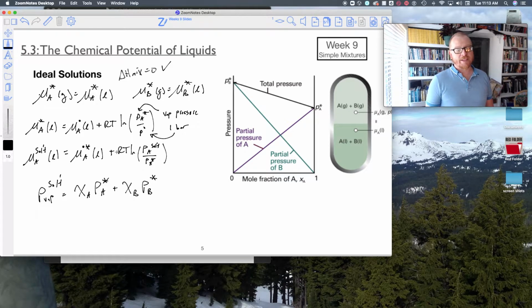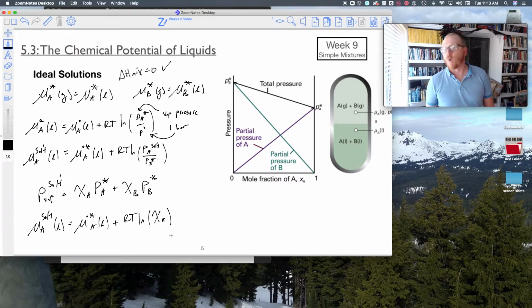Which means I could write this slightly differently for the chemical potential of A in the solution. It's going to equal the standard chemical potential of pure A, as if it's by itself, plus RT natural log of the mole fraction.